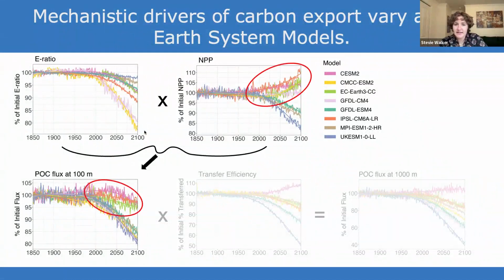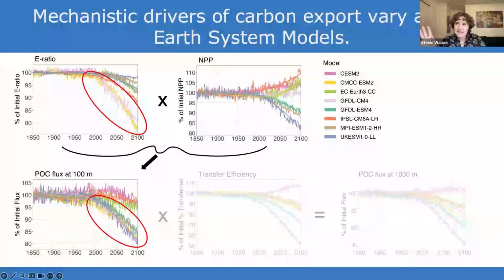So some things to highlight here. For example, there is a group of models that have smaller rates of POC flux decline in the surface. And this is partially offset by an increasing MPP that we also see in all 3 of these models here. But interestingly, not all of the models with increasing MPP fall into this category of less POC flux decline.